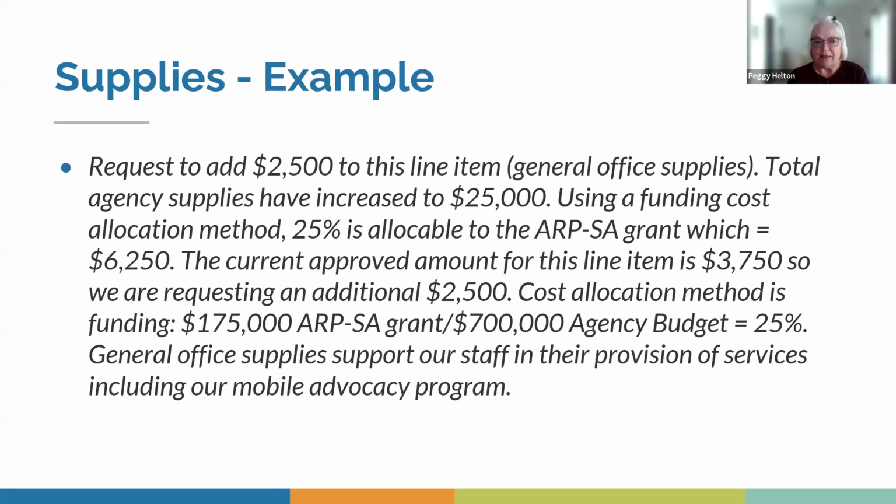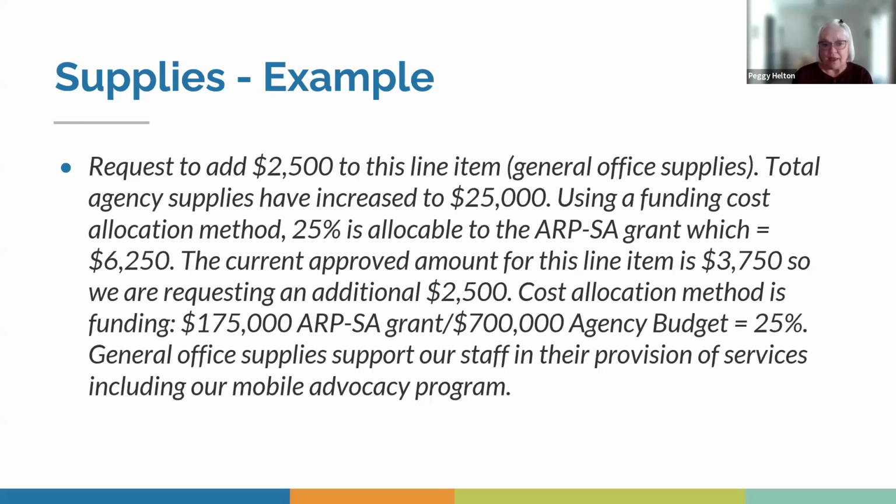An example might be that you request to add $2,500 to your general office supplies because your total agency supplies have increased to $2,500. You're using a cost allocation method that is based on funding.